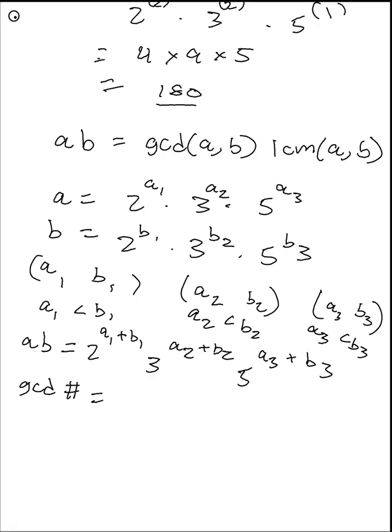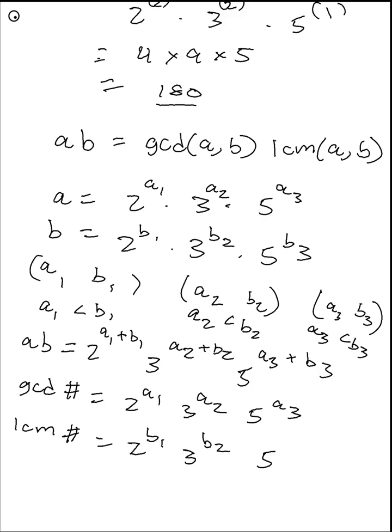In our GCD, we're taking the smaller one, so we'll have 2 to the a1, then 3 to the a2, and 5 to the a3. And in our LCM, we're taking the bigger one, so we'll have 2 to the b1, 3 to the b2, and 5 to the b3. And then when we multiply the numbers out, they add, and they get the exact same thing as ab.